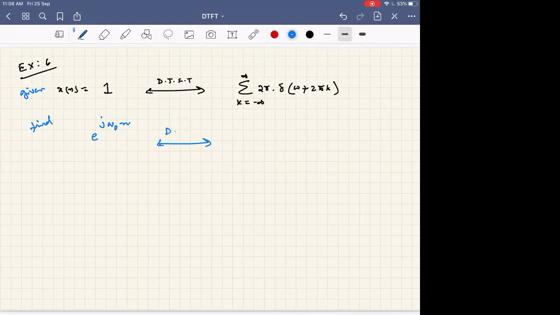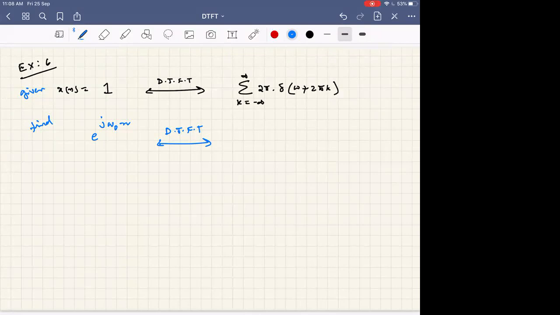Delta of n has Fourier transform 1. The Fourier transform for 1, by using the duality property, is 2 pi into delta of omega.